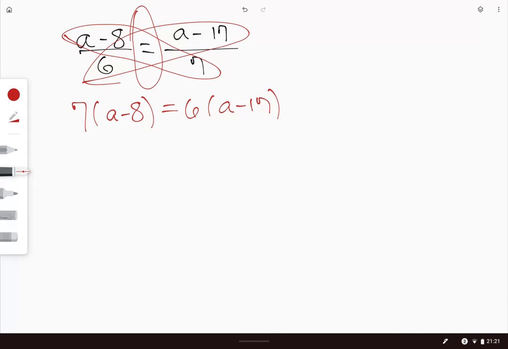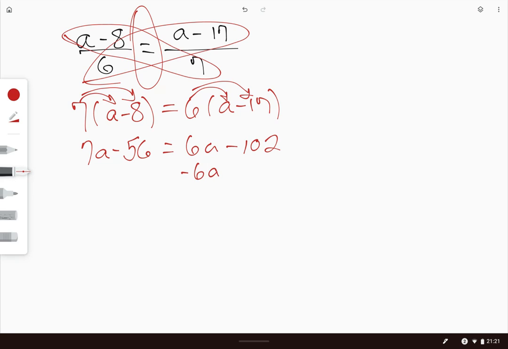And then all I'm going to do here is distribute. So that would be 7a minus 56 equals 6a, and then on my calculator, 6 times 17 is minus 102. So now I just have an equation with the variable on both sides. I'm going to subtract 6a from both sides, moving my smaller to the larger.